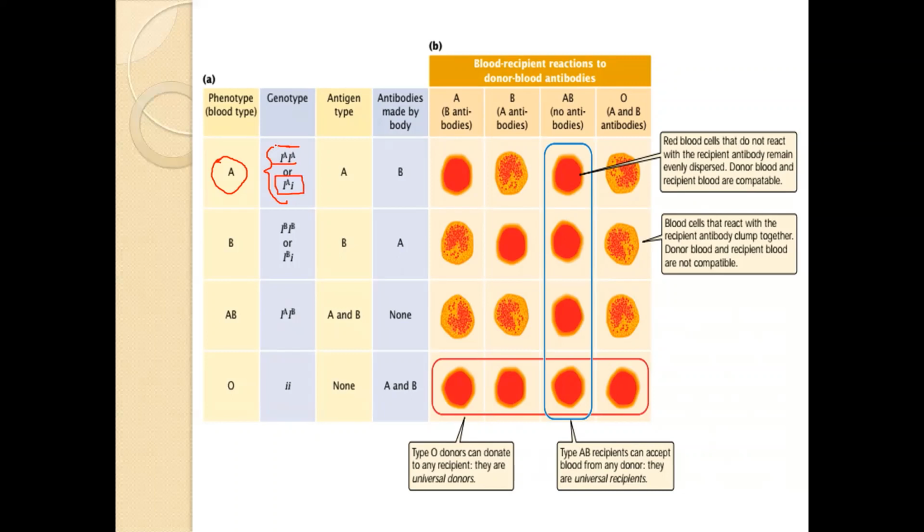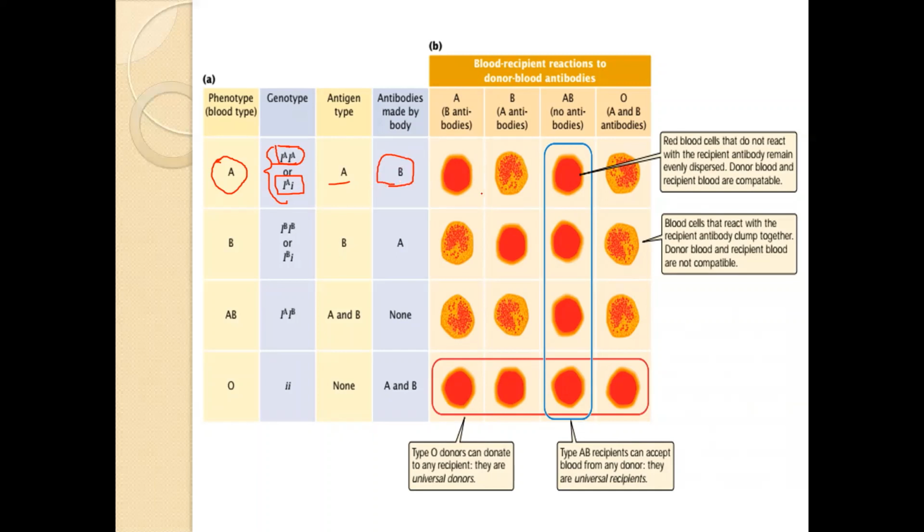In IAIA, both alleles contain the dominant A characteristic, and in the case of IAi, it is the heterozygous condition. In this case also, IA is dominant, so the antigen type is A. The antibody made by the body is anti-B, the B antibody produced against B.